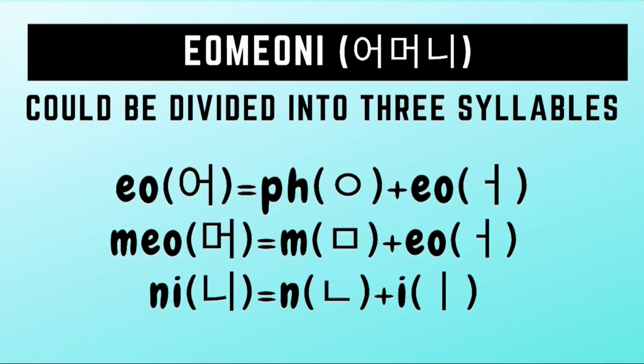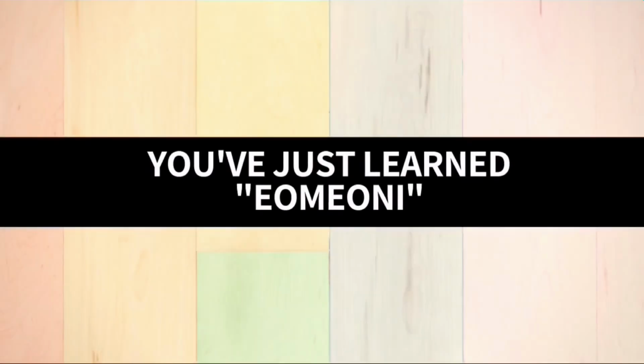And then for the last syllable ni, we need to draw first a nian character followed by an e character. Again, this is composed of 3 syllables. It's o, mo, ni. And in order to write omoni in Hangul, we just need to combine the Hangul for each of these 3 syllables. So that's how you write omoni in Hangul. And with that, you've just learned omoni.